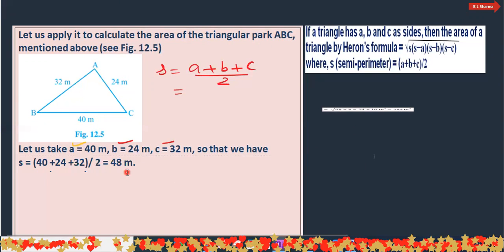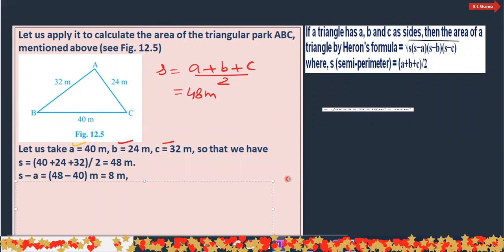Again, I want to tell you that this S stands for the semi perimeter, half of the perimeter, the sum of all three sides upon 2. So here S is 48 meter. Now we can apply Heron's formula: square root of s into (s minus a) into (s minus b) into (s minus c).